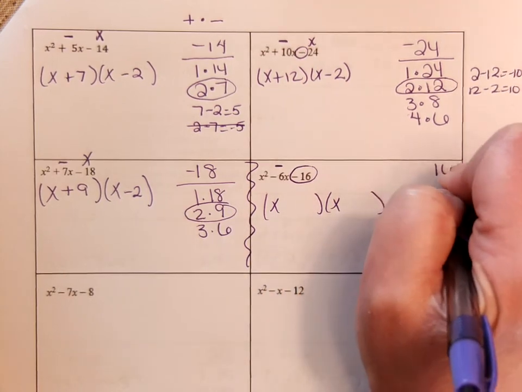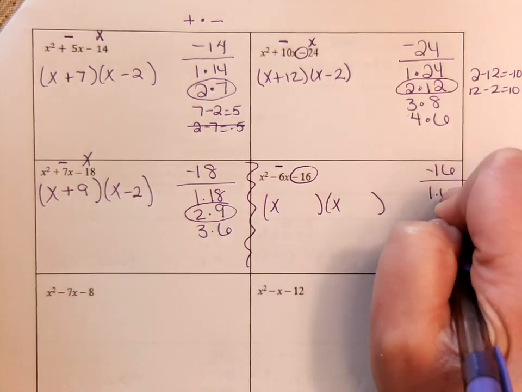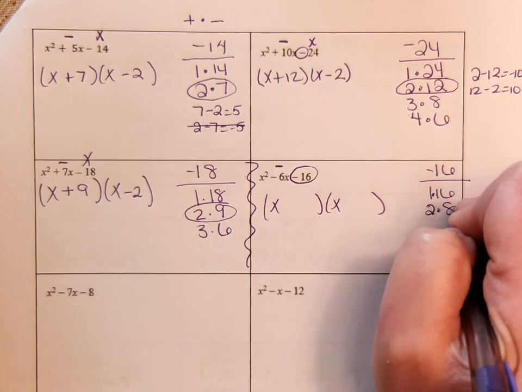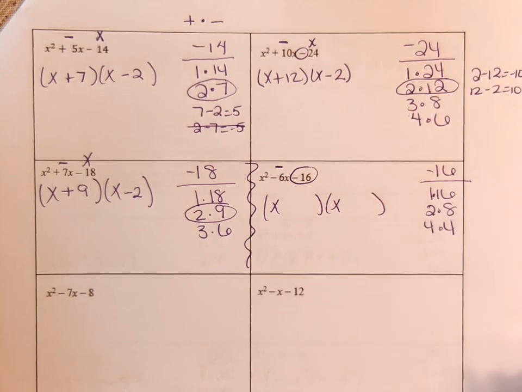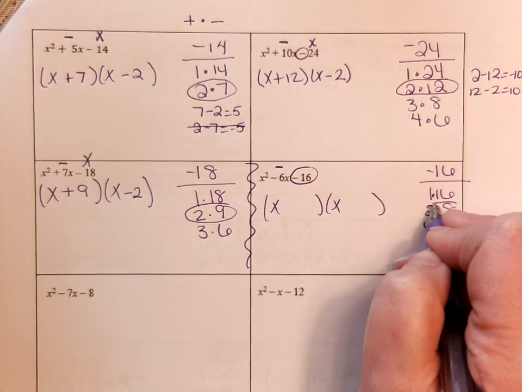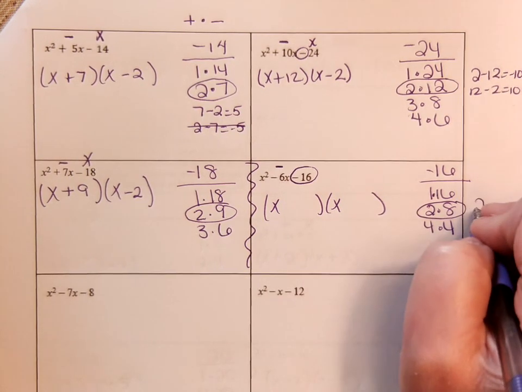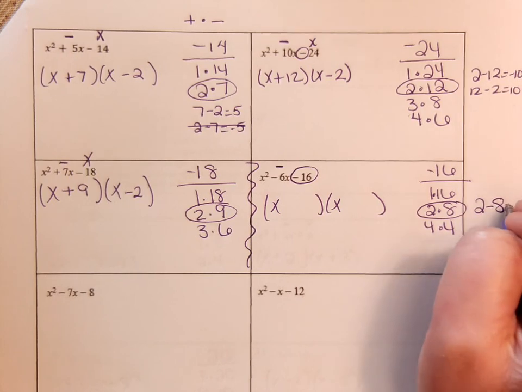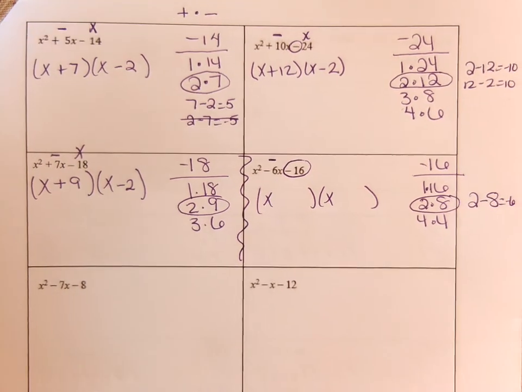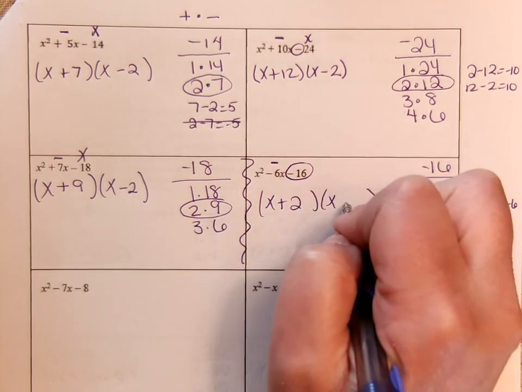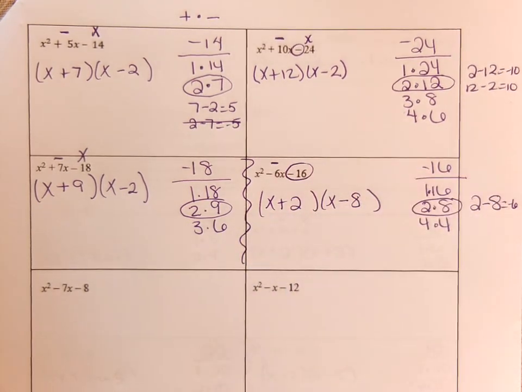So numbers that multiply to 16: 1 times 16, 2 times 8, 4 times 4. So the pair that subtracts to give us 6 is the 2 times 8. And because we want it to give us a negative 6, we want to do the 2 minus 8, which will give us the negative 6. So we're going to have x plus 2 and x minus 8.